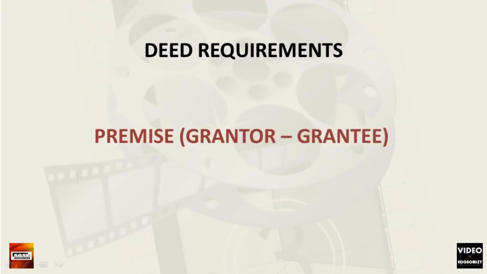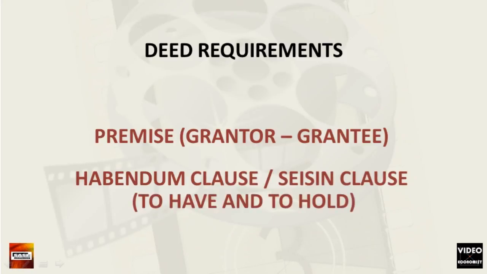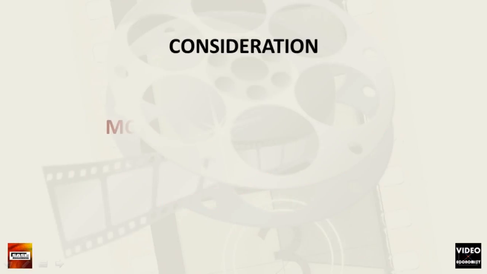Deed requirements are that there must be a premise, in other words, a grantor and a grantee. There must be some interchange between them. Also, there is something known as the habendum clause, or cession clause, which goes back to the Middle Ages, that is to have and to hold the property.